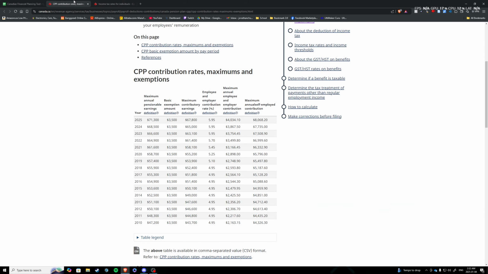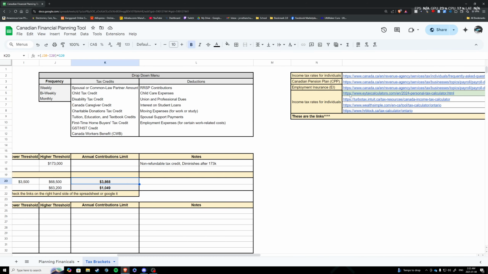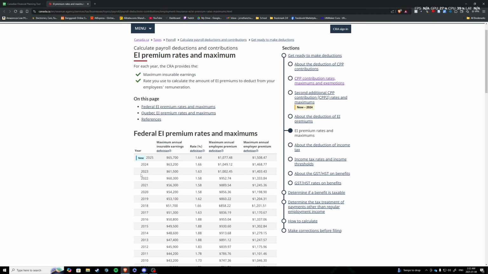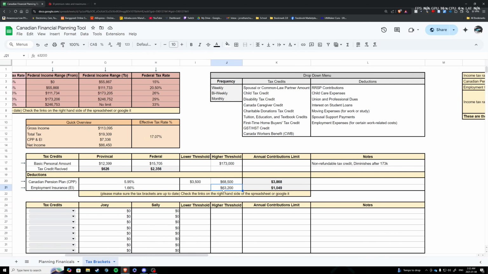I don't have the link open, so I'll go back over here and look for 2024. So maximum annual insurable earnings is this value, so you take that value and you stick it right here in the higher threshold column.